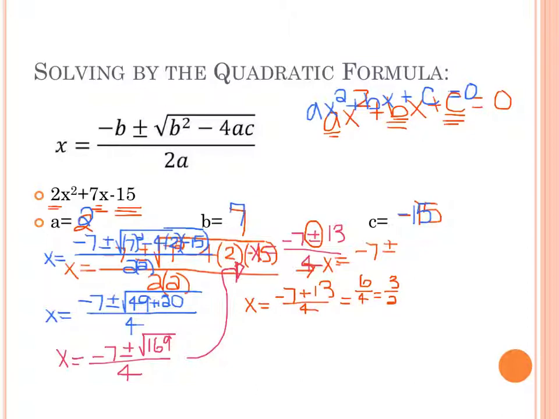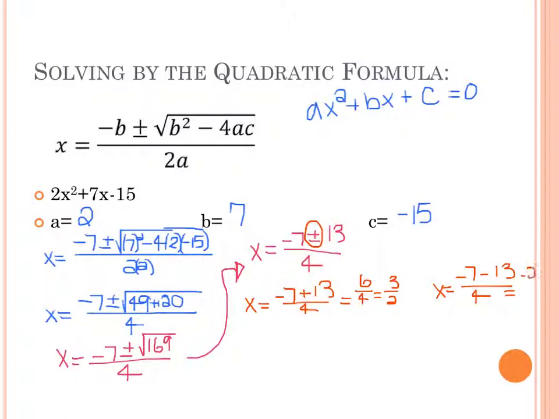And our other side would be when x equals negative 7 minus 13 over 4, which equals negative 20 over 4, which equals negative 5. So our solutions to this example would be when x equals 3 over 2 and when x equals negative 5.